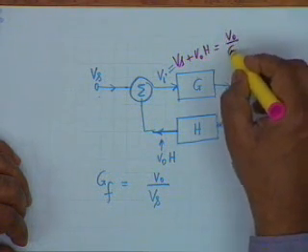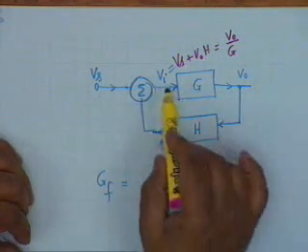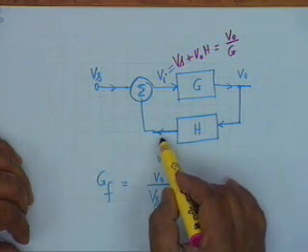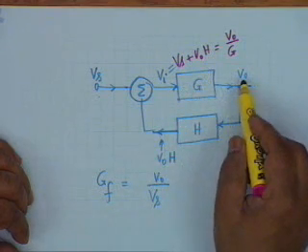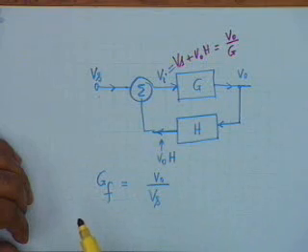Therefore, this is V0 by G. Is this clear? This signal is Vs plus V0 H, and when multiplied by G it shall give V0. Therefore, this signal must be V0 by G.